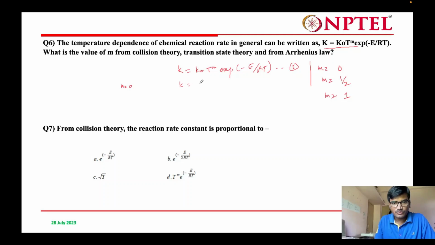K is equal to k naught, it is certain exponential of minus E by RT. This is the Arrhenius law. When m is equal to 1 by 2, K is equal to k naught T to the 1 by 2, this is the collision theory.